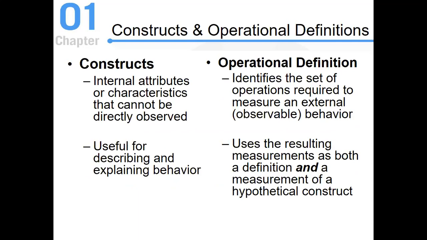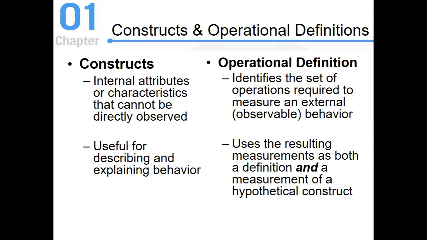In order to measure those kinds of constructs, those abstract concepts, we need to form what's called an operational definition. An operational definition is how we're going to, brass tacks, measure this variable. How am I going to quantify or measure your mood? How am I going to measure your stress? What am I going to do to measure an external observable behavior?